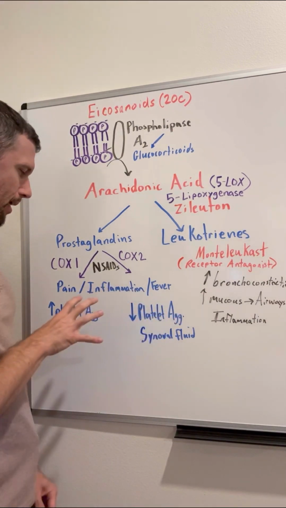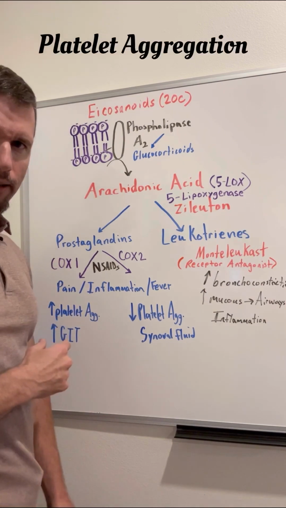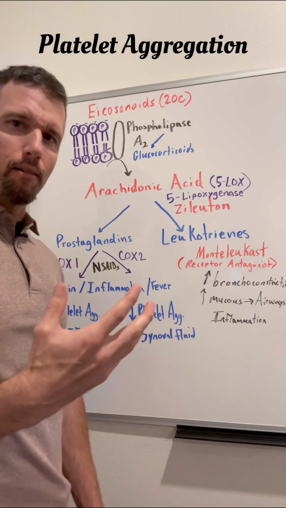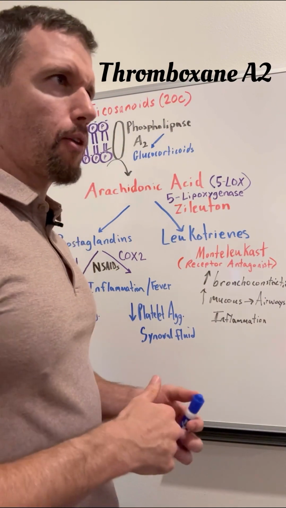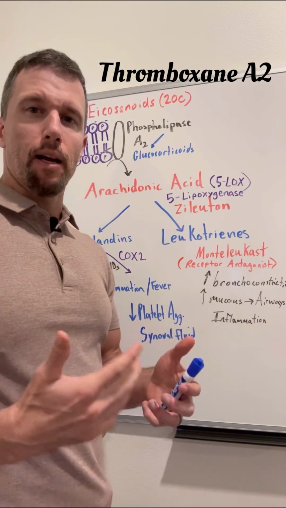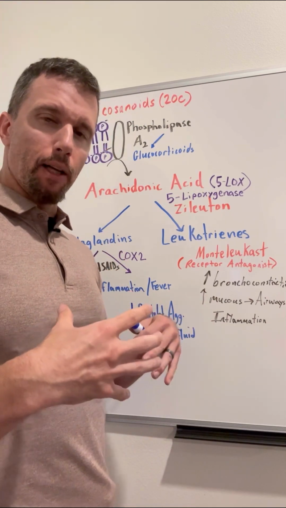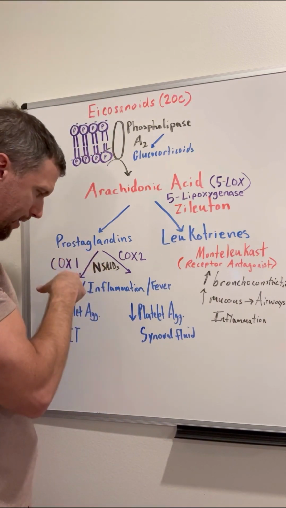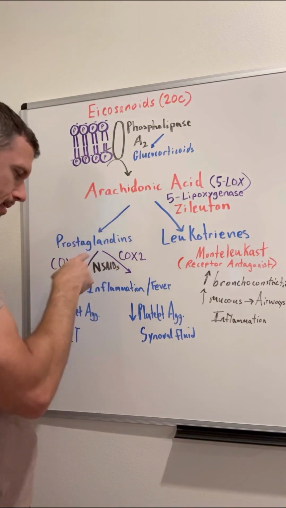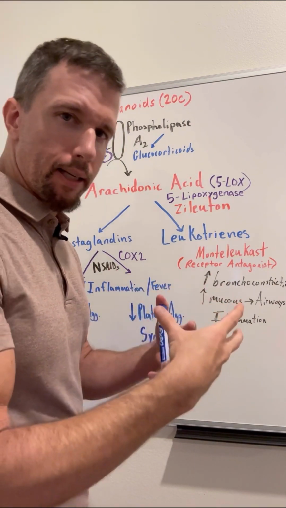But there are some unique sides to the COX-1 side. So it can increase platelet aggregation. There's a prostaglandin with a specific name called thromboxane A2. It's called thromboxane because this prostaglandin was found in a thrombocyte, or a platelet. And this one stimulates platelet aggregation. So if COX-1 acts on arachidonic acid, it'll increase platelet aggregation, so it increases blood clotting.